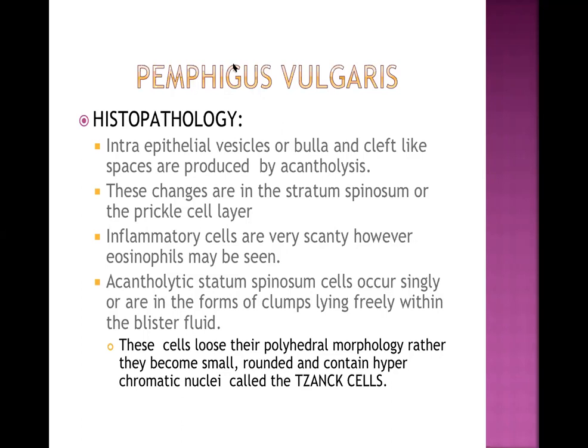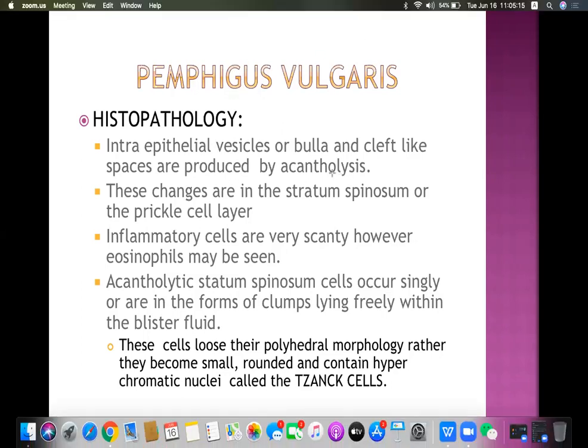Now acantholysis means destruction of desmosome. Acantholysis is an important term. These changes occur mainly in the stratum spinosum or the prickle cell layer. Stratum spinosum is also known as the prickle cell layer, not a very commonly used term. Everybody knows stratum spinosum. It is one of the layers in the epidermis. So it is mainly affected.